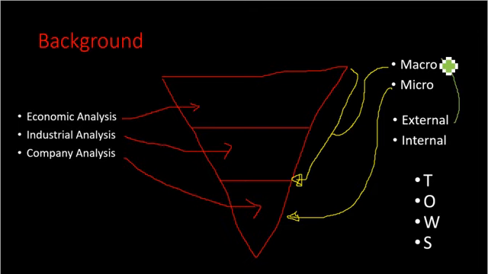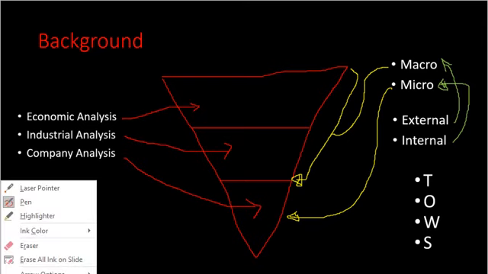Pareho lang pala. You have your internal and external. So they are almost the same. And for your SWOT analysis or your TOWS analysis, okay, let's use a different color. Maybe let's use blue.